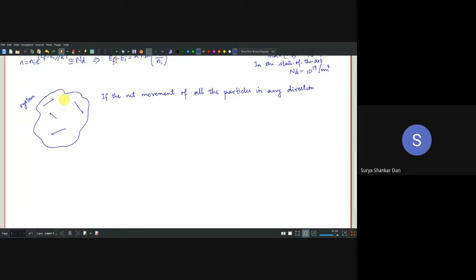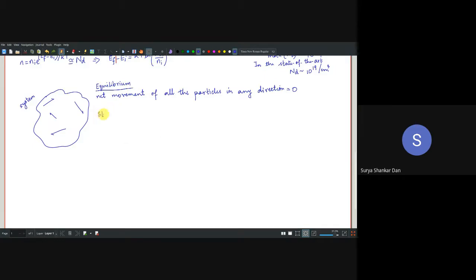No, no, no. Equilibrium means the sum of all the net movement of all the particles, or simply said, net movement of all the particles in any direction, is always equal to zero. Net movement means the sum of all. So this is the definition of the equilibrium state.